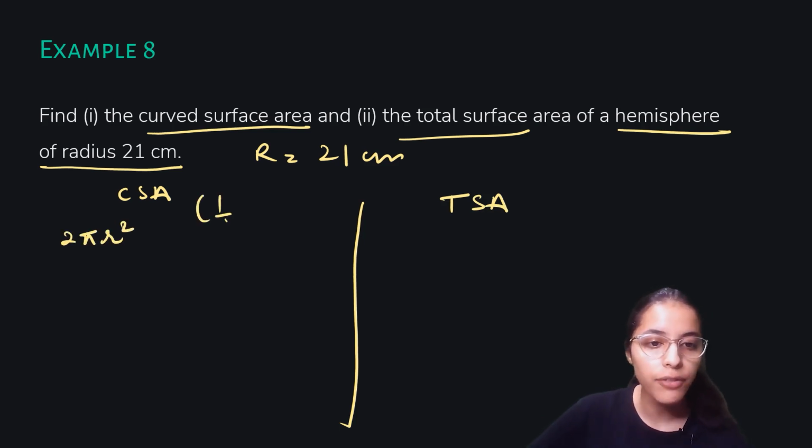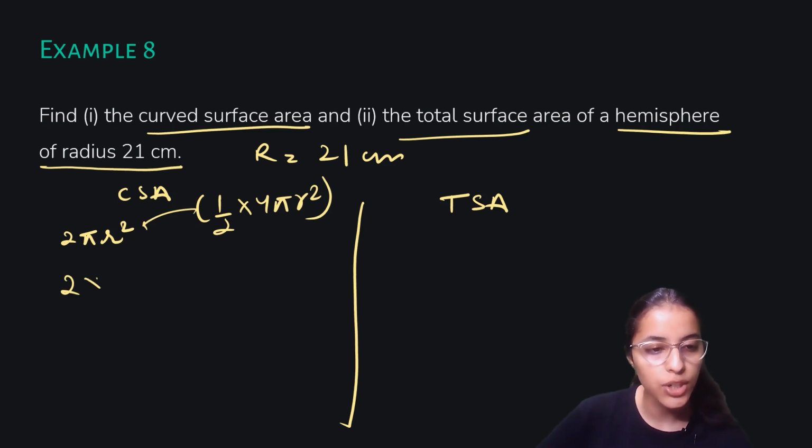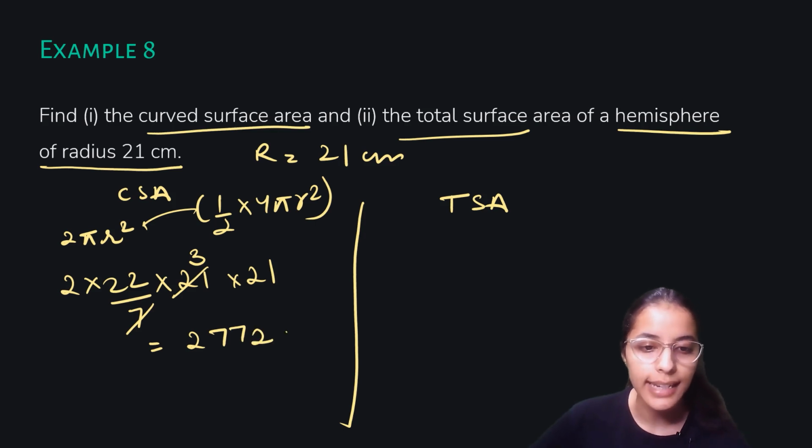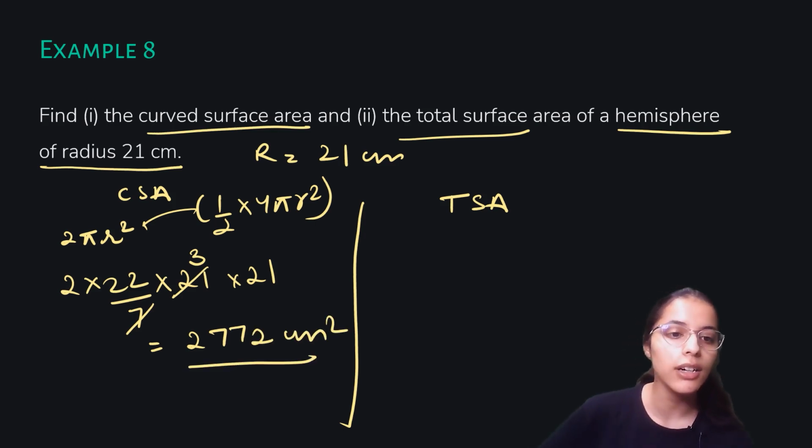It is half of the sphere's area. So let us substitute 2 into 22 by 7 into 21 into 21. Now when we do that, we cut 3. And when we multiply 2 into 22 into 3 into 21, we get the answer to be 2772 centimeters square. So this is our curved surface area.